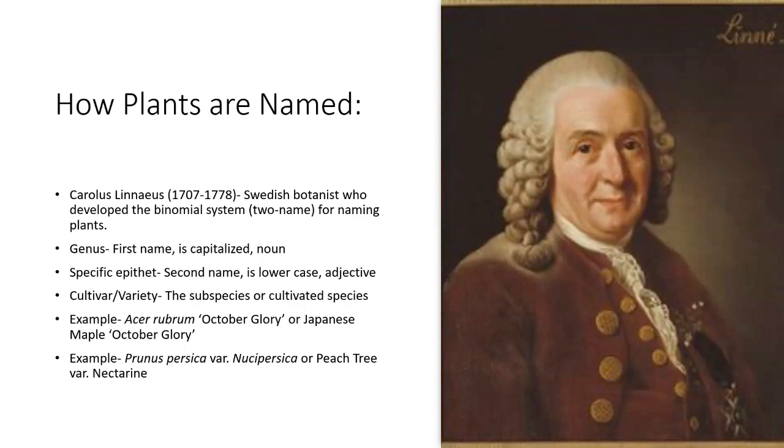Now, I want to touch a little bit on the difference between cultivar and variety. A cultivar is a plant that has been cultivated, so intentionally bred for a beautiful flower, maybe sweet fruit, maybe for size, shape, when it blooms, or cold hardiness.